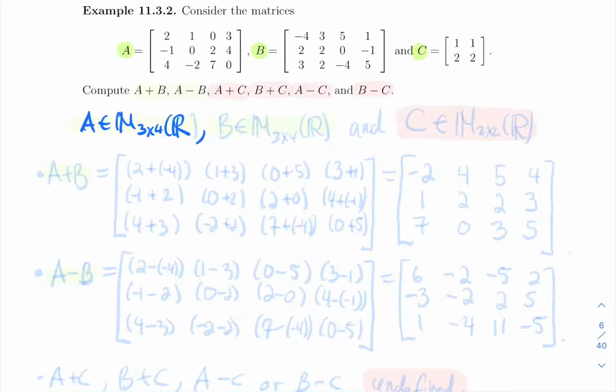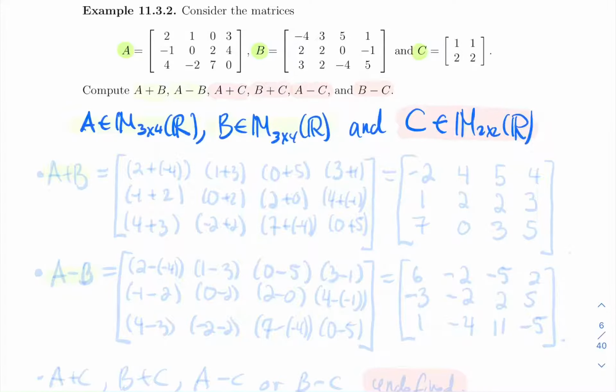Same thing for B: 3 rows and 4 columns, so B is also a 3 by 4 matrix. But matrix C here is a square matrix, 2 rows and 2 columns, so it's a 2 by 2 matrix.